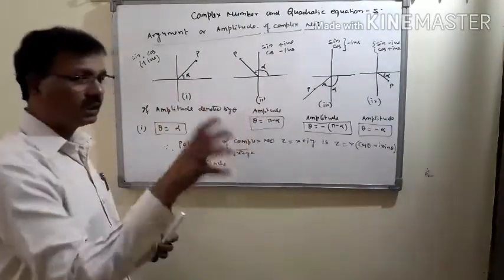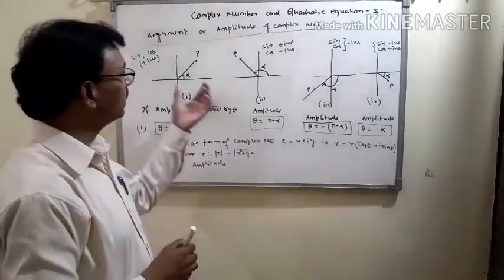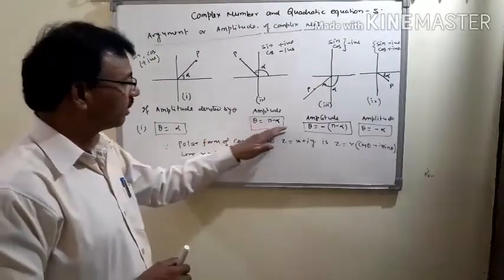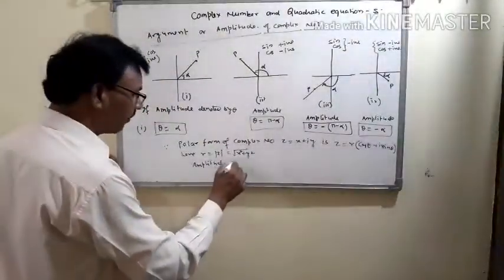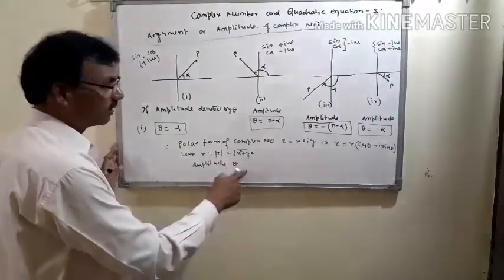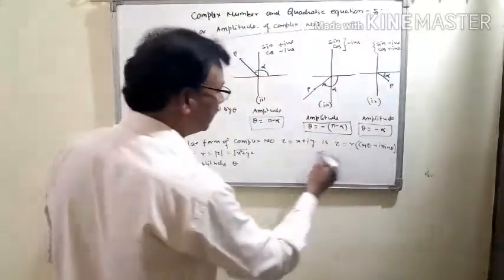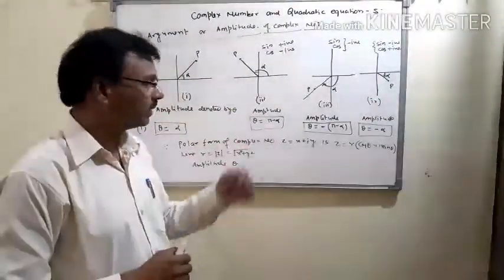That means in that question, we see which situation applies, then from these four formulae we find theta, and putting the value of theta and R in this relation, we can find the polar form of that complex number.